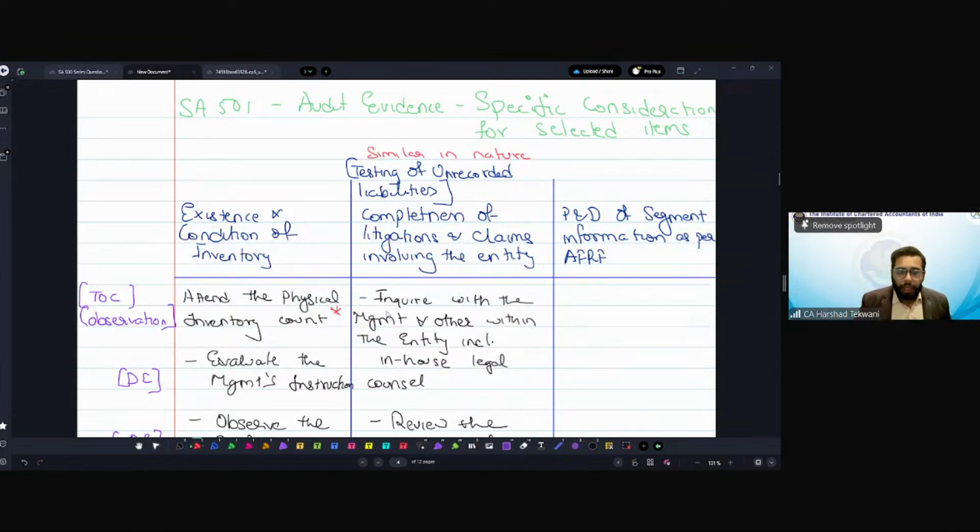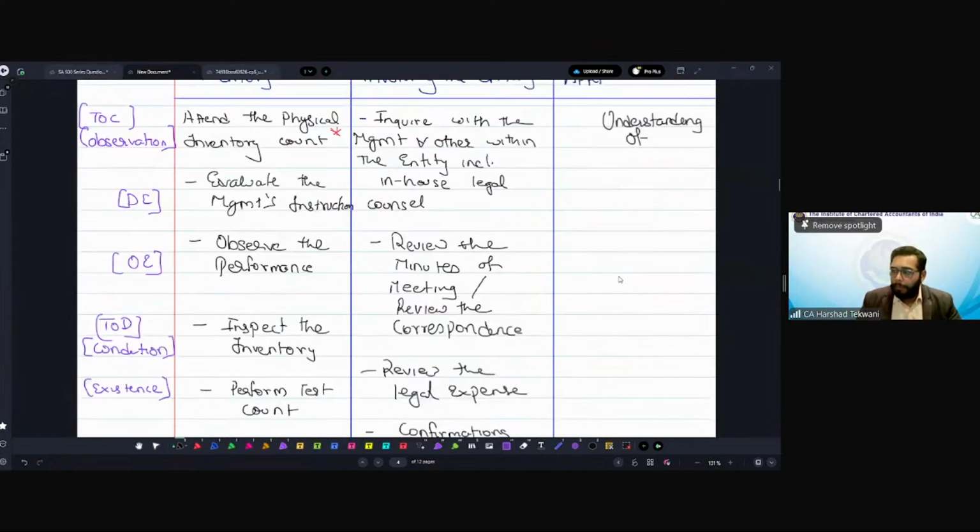Number one, you need to obtain two types of understanding. Understanding of the method used by management to determine segment information.